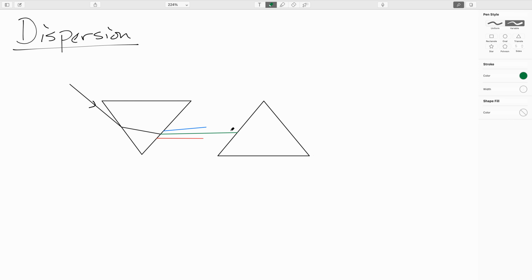And what he did was he put a partition right here that blocked everything except the green light. And he tried this with all sorts of other colors too. It wasn't just green.